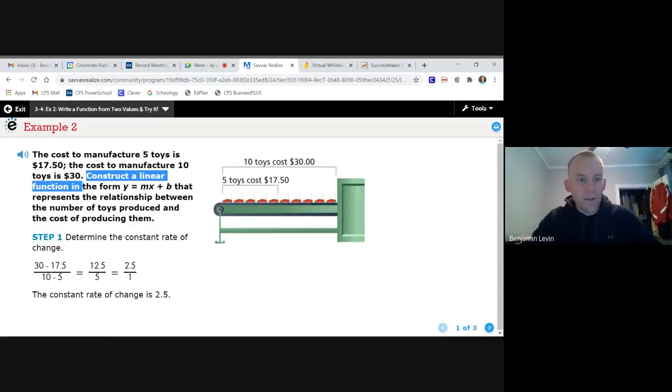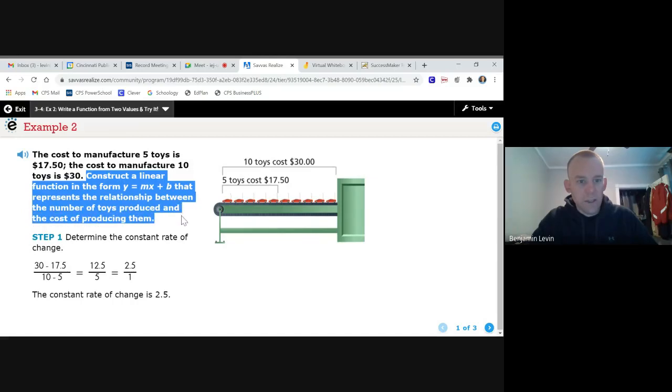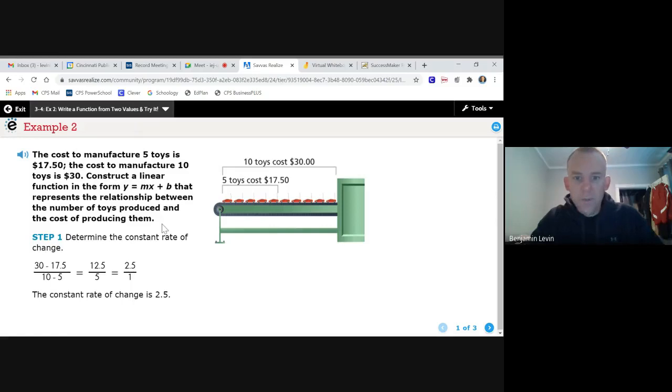Construct a linear function in the form of y equals mx plus b that represents the relationship between the number of toys produced and the cost of producing them. The first thing we need to do is determine the slope or the rate of change. Determine the constant rate of change.